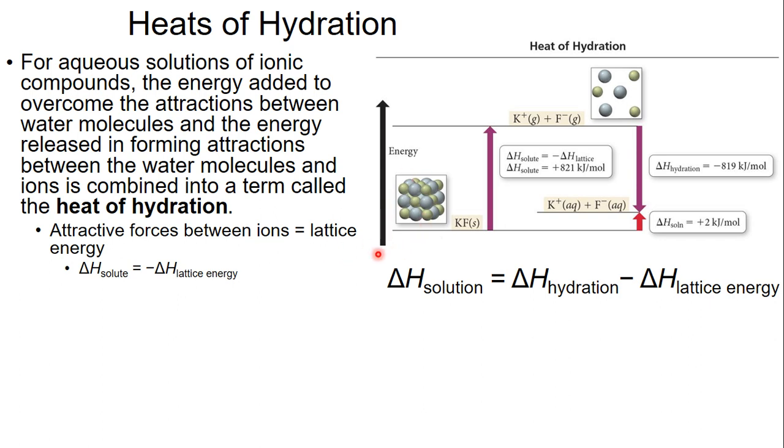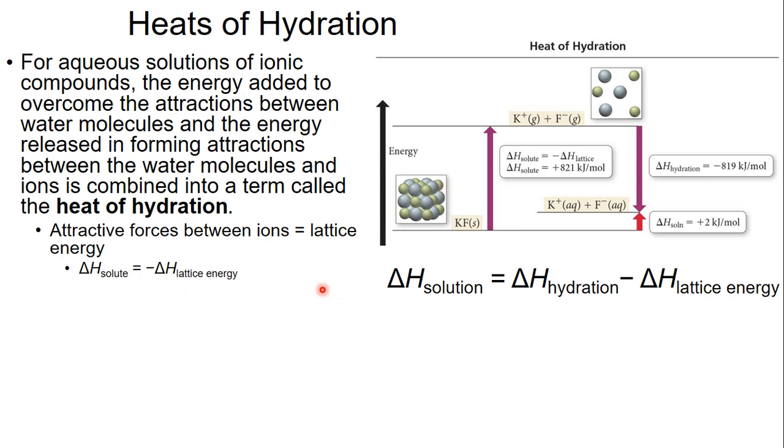Now, in the last video, we said we have to separate the solutes, and we call that energy delta H solute. It is endothermic, so we have to put energy in. The energy we put in is used to break apart the ions, and the energy holding the ions together is the lattice energy. Therefore, delta H solute is equal to delta H lattice energy, but with different signs.